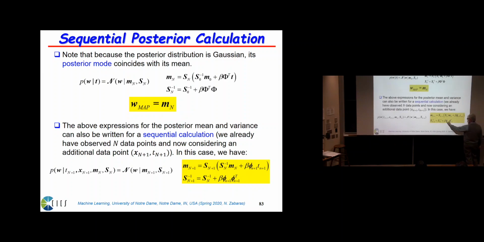And you can do the same thing for the precision. You just add phi transpose times beta. And that's a very powerful thing, because if somebody gives you 1 billion data points, you don't have to take all these data points, form this huge design matrix, and do all of this. No, what you can do is start working one data point at a time.